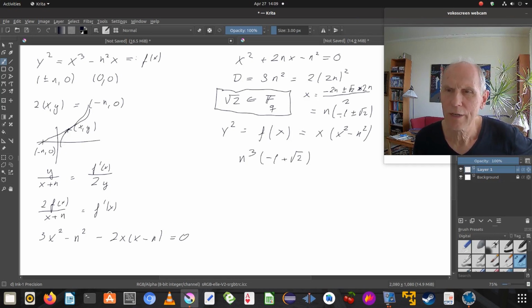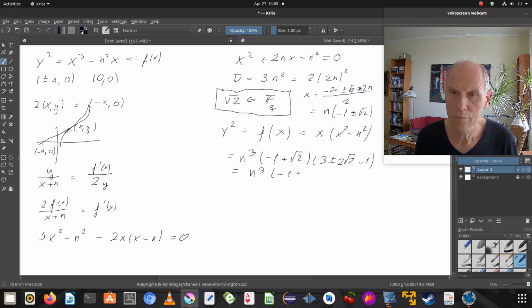This guy squared gives 1 plus 2, that's 3, plus minus 2 square root 2, and then n squared, that gives minus 1. Now wasn't it plus minus? Yes, it was. And this is 2 times minus 1 plus square root 2.